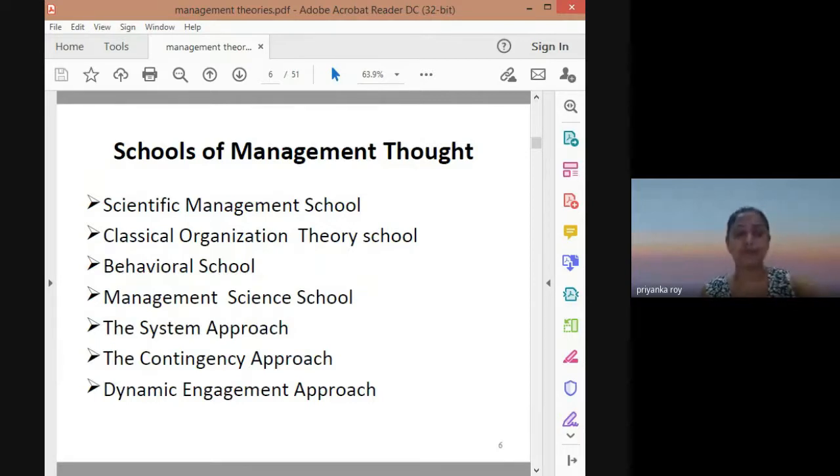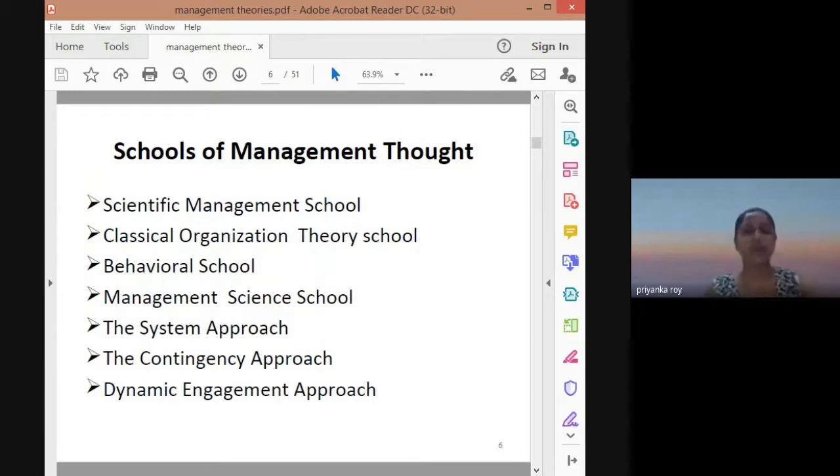Okay, so the benefit of the theories is that there are several reasons why leaders should study and apply management theory, including increased productivity, simplified decision making, increased collaboration, increased objectivity, and so on.